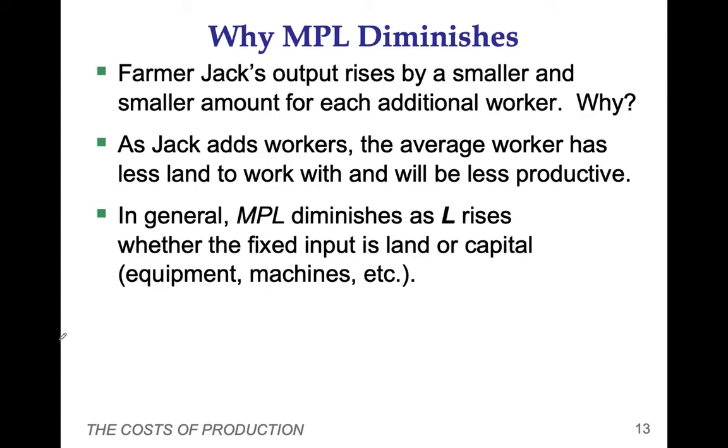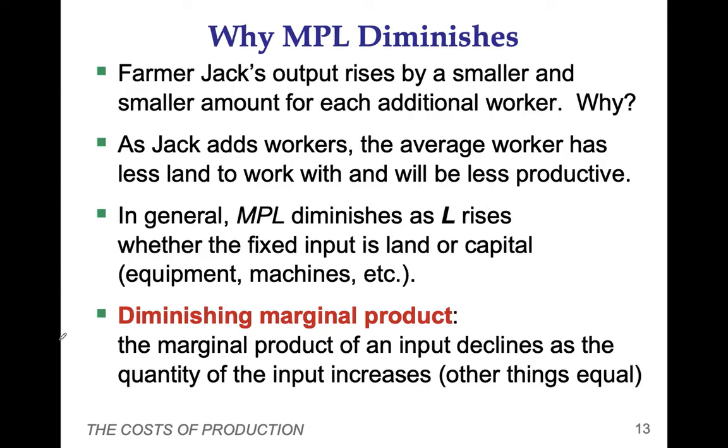In general, MPL diminishes as L rises, whether the fixed input is land or capital, equipment, machines, etc. So there is a principle called diminishing marginal product. The marginal product of an input declines as the quantity of the input increases, other things equal. Other things equal means nothing changes except the input we are talking about.